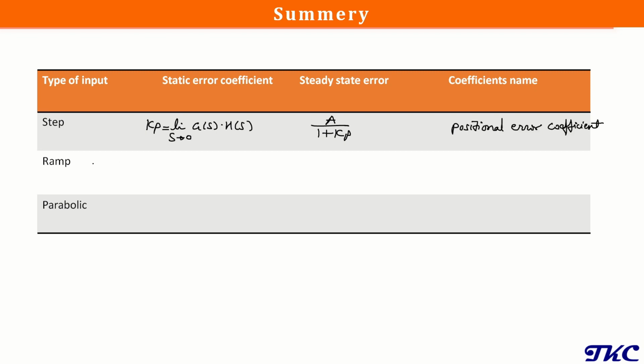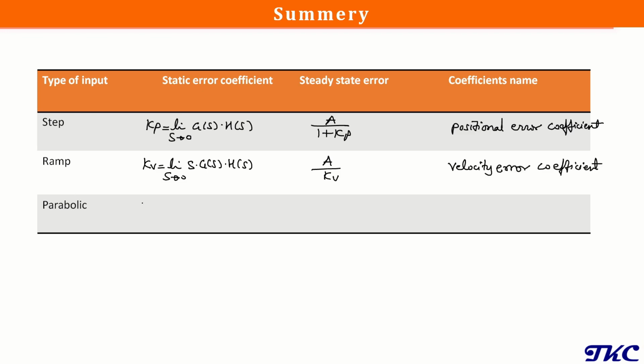Now similarly when we are having the input as a ramp input, the static error coefficient will be Kv, and that is equal to limit s tends to 0 s into g of s into h of s, and the steady state error will be A by Kv, and the name of the coefficient, that is the static error coefficient, is the velocity error coefficient.